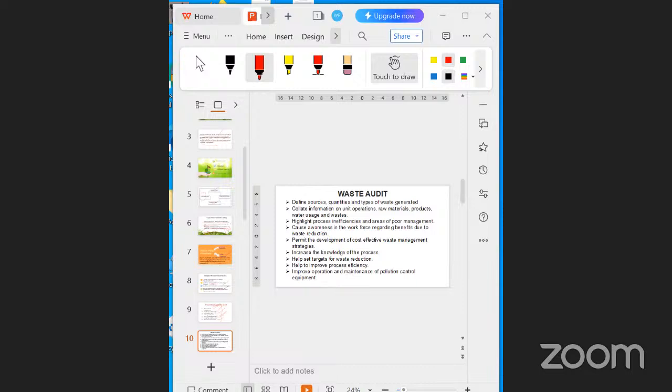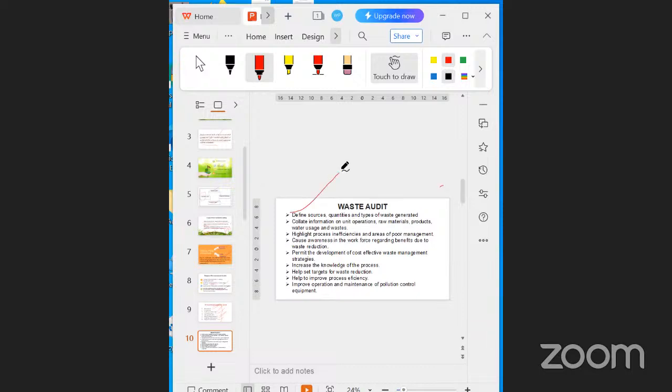A good waste audit would define sources, quantities, and types of waste generated, and also collate information on unit operations, raw materials, products, and waste usage. Third, highlight process inefficiencies and areas of poor management. Next, cause awareness in the workforce regarding benefits due to waste reduction.